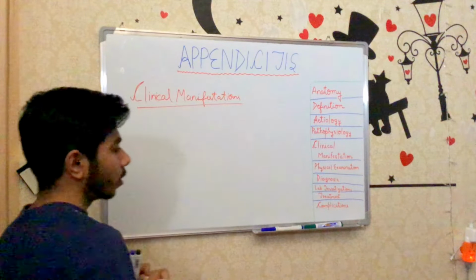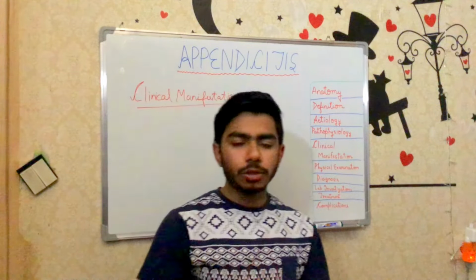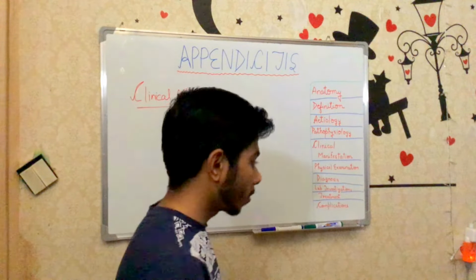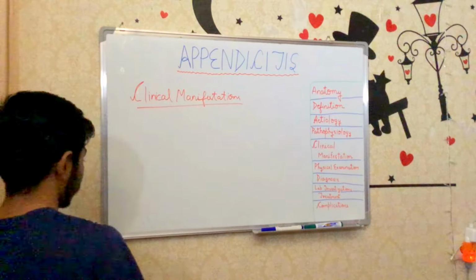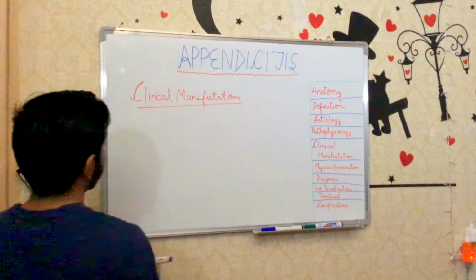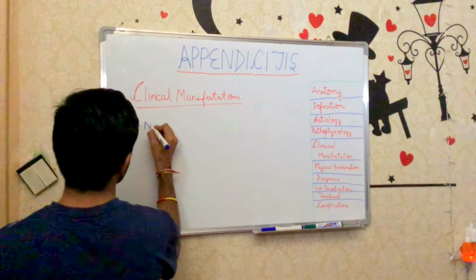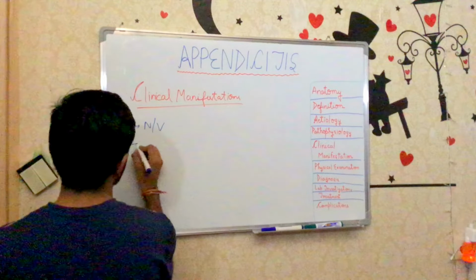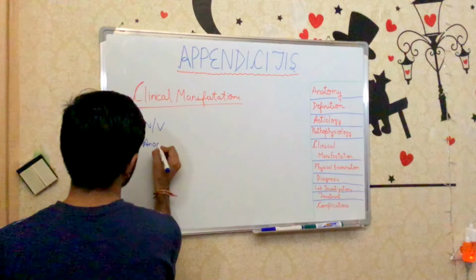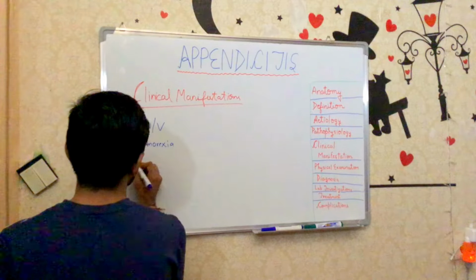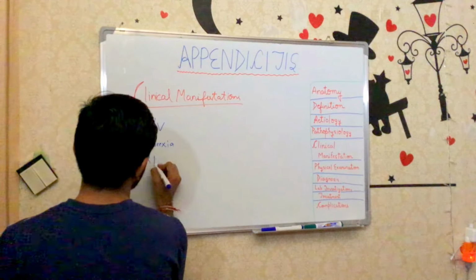Now, these patients will have nausea, vomiting. They don't want to eat, which means they have anorexia. They have the nausea, the vomiting, anorexia. There will be right lower quadrant pain.